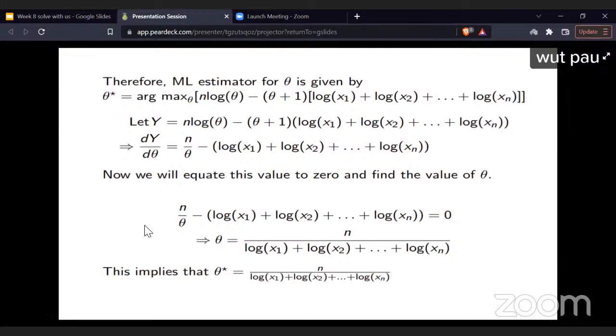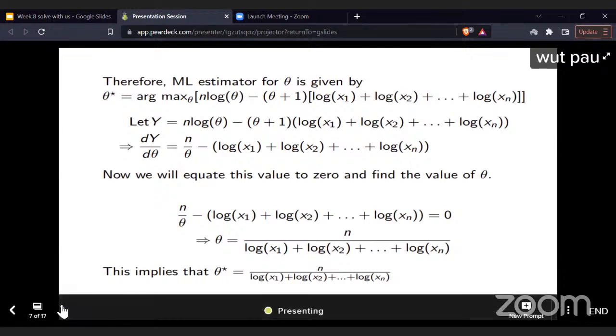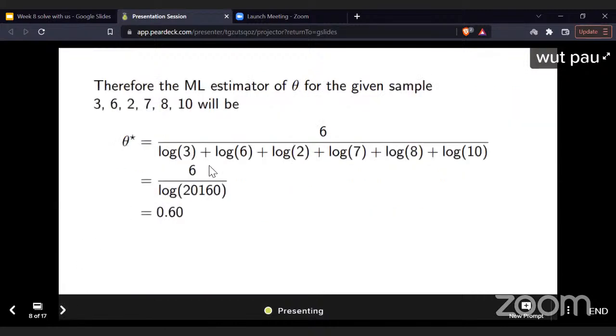We replace n with the number of samples that we have, so the sample 3, 6, 2, 7, 8, 10 has size 6.